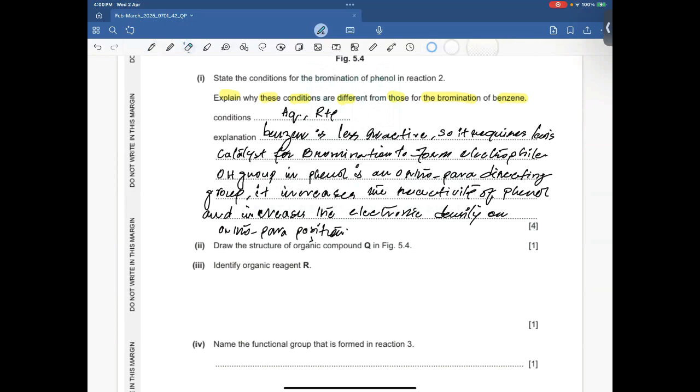Hence, multiple substitution takes place. Hence, the reaction takes place at RT without catalyst.